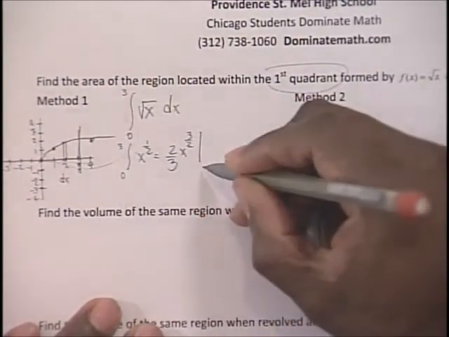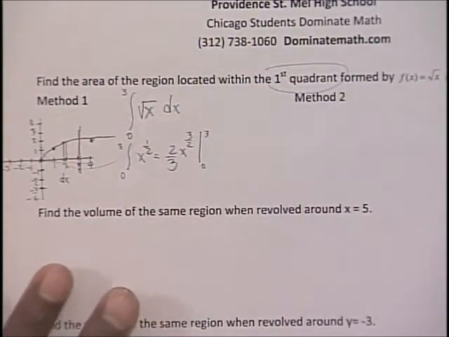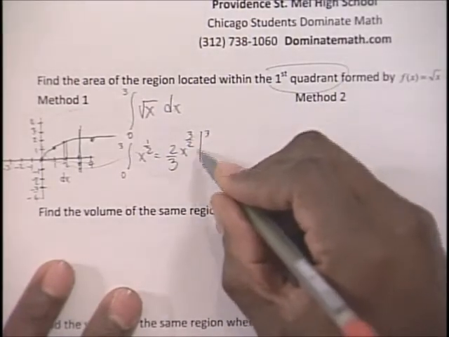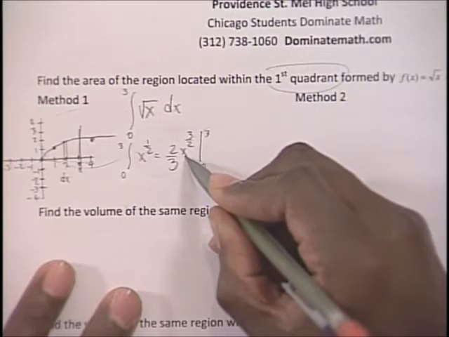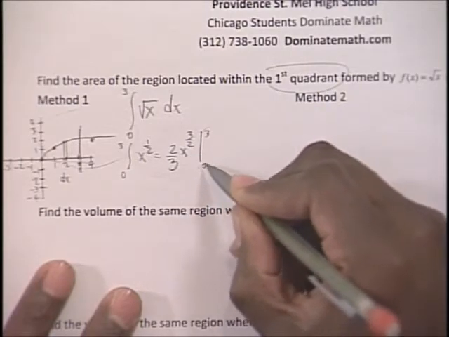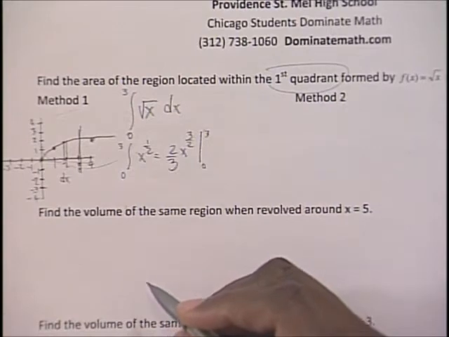And you evaluate that from 0 to 3 using the first fundamental theorem of calculus. The first fundamental theorem tells you to evaluate the upper limit using the antiderivative and the lower limit using the antiderivative. My students are going to have to do this on their own.